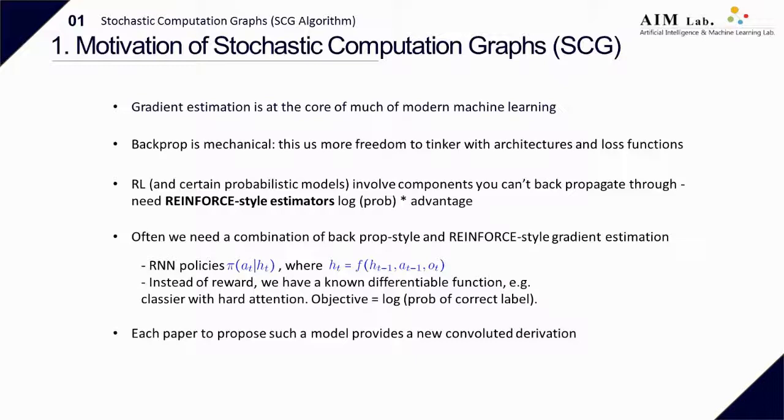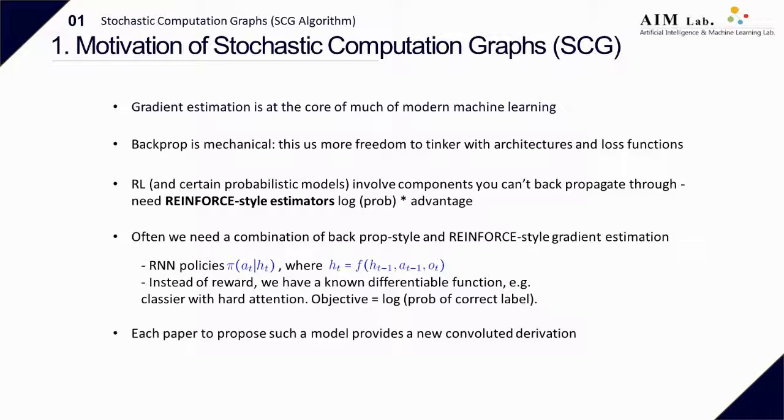Also, there is an updating equation which is differentiable in the RNN. We will do backpropagation through time. Also, we will use a REINFORCE style estimator to know how the action probability affects the reward.